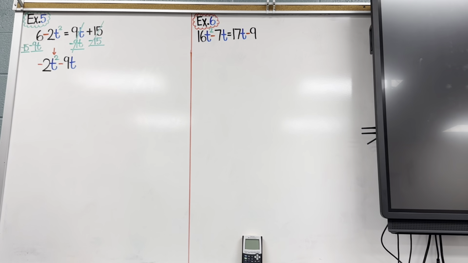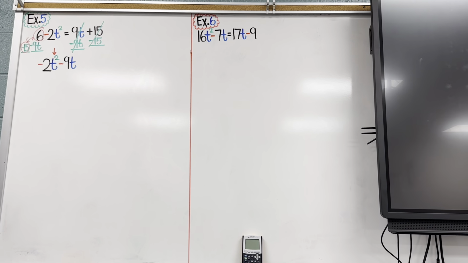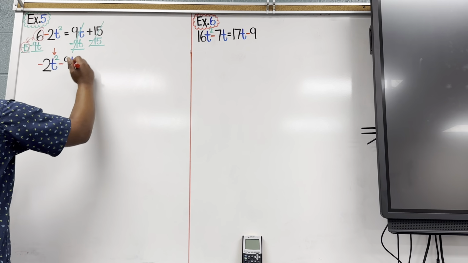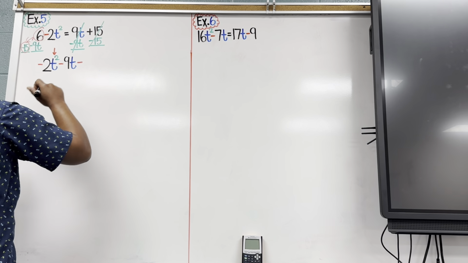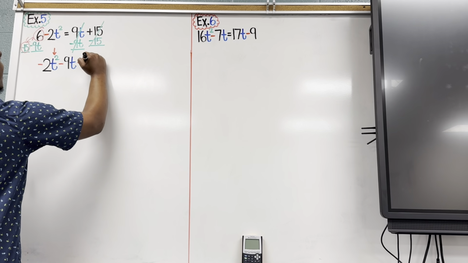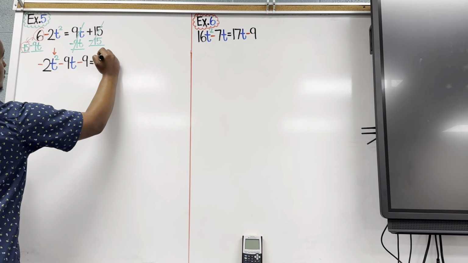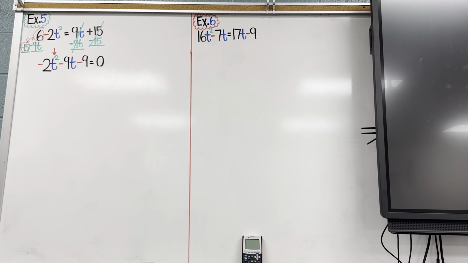And what I can do is subtract 15 from 6. So 6 minus 15 is a negative 9, or a minus 9. So I should have negative 2t squared minus 9t minus 9 equals 0. This is the quadratic equation that I have when I set it to equal 0.